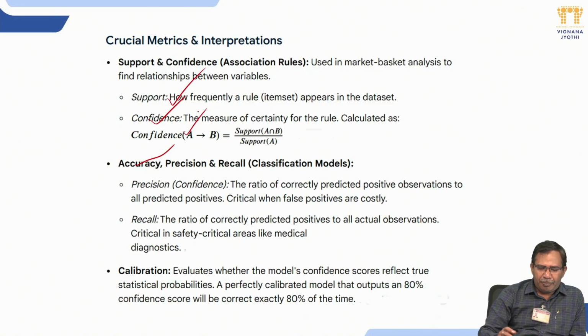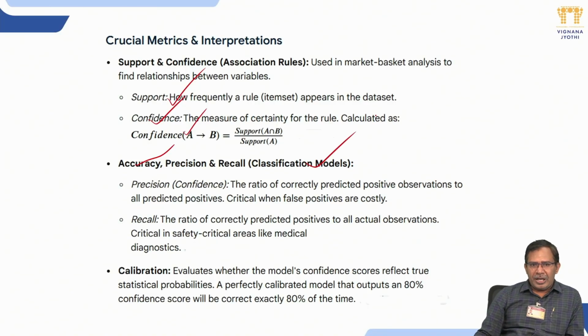Then accuracy and precision, which are for classification models. Precision is how good they are at predicting the positive things, positive with respect to a particular symptom.